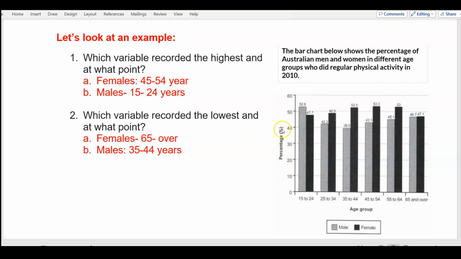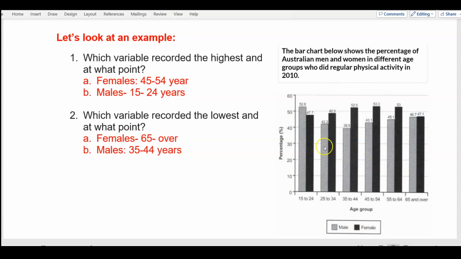This side shows the percentage: 0, 10%, 20 up to 60%, and down here shows the age group from 15 to 65 years and over. The shade here shows the males, and the black one is the females.